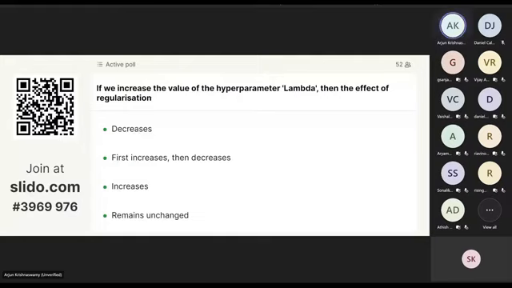I see only 52 have answered. I hope you guys are able to scan it and answer the question.